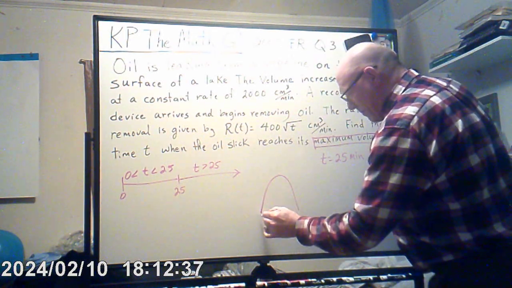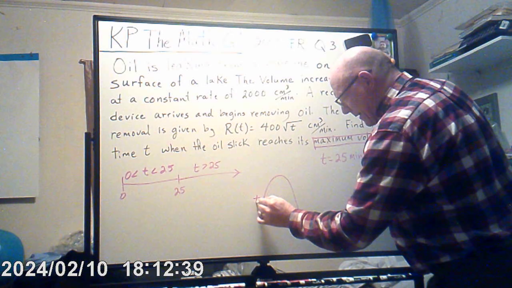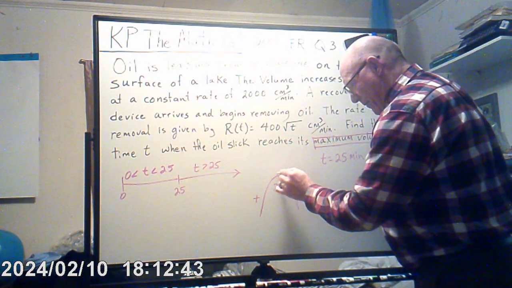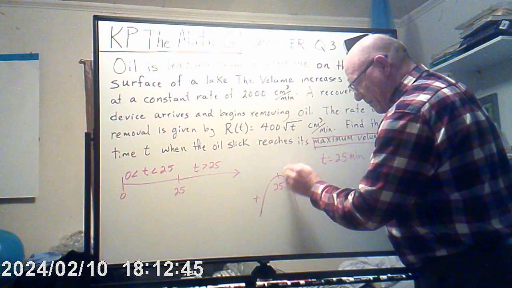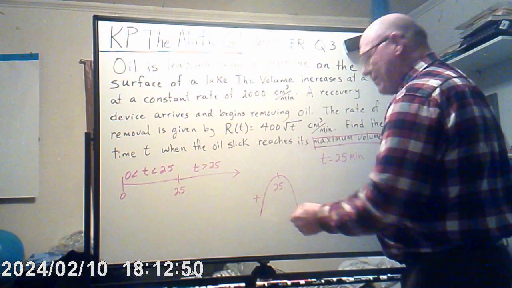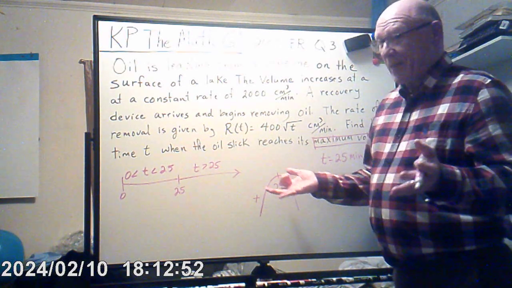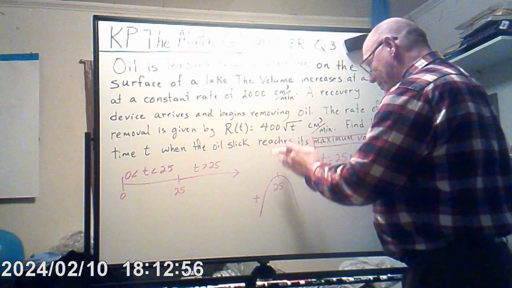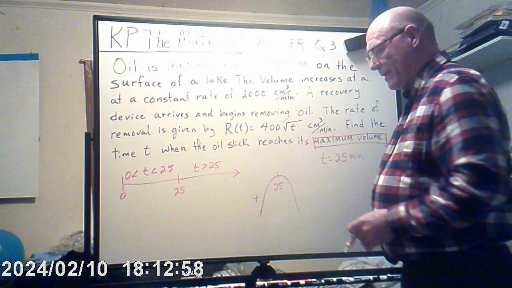If it's a max, remember we're increasing here to the left of 25, and then of course the slope is 0 at 25. That's the maximum height, right? Which you wouldn't think that we're talking about maximum height, but in this case a maximum here is when it reaches a maximum volume.